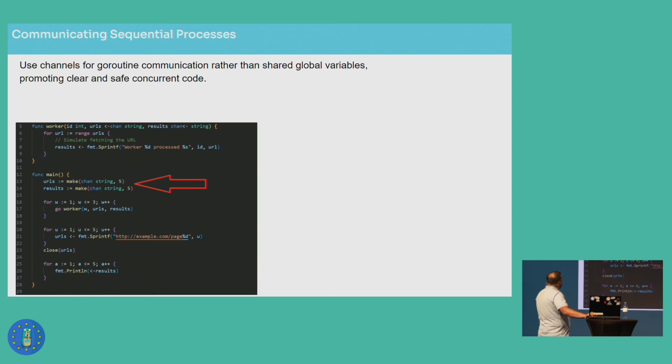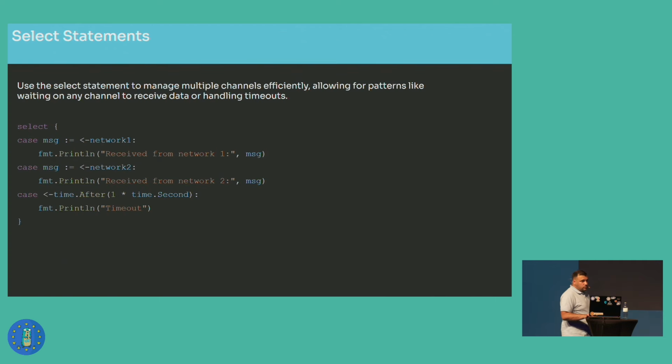Sequential processes use channels for coroutines. Mainly, we are using a buffered channel when dealing with shared global variables. Also, the select statement, when you want to manage multiple channels efficiently.